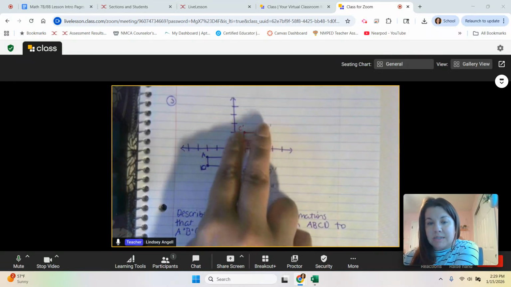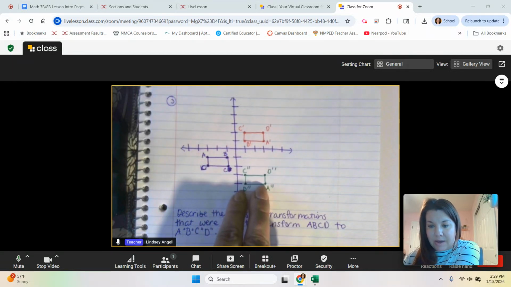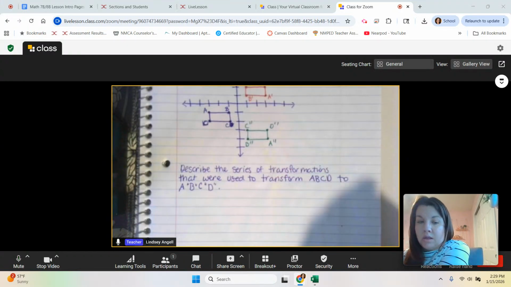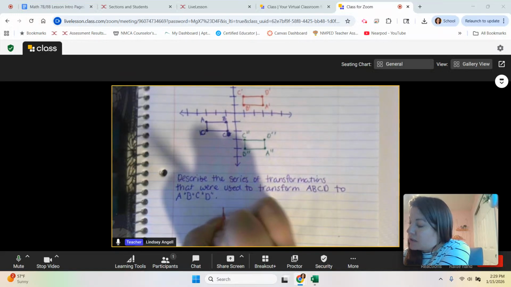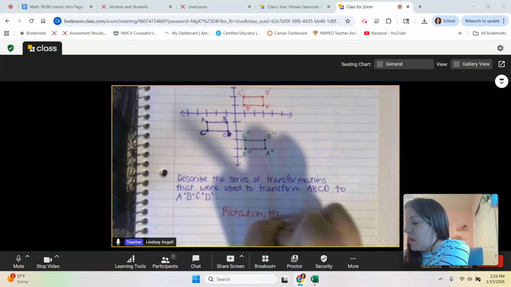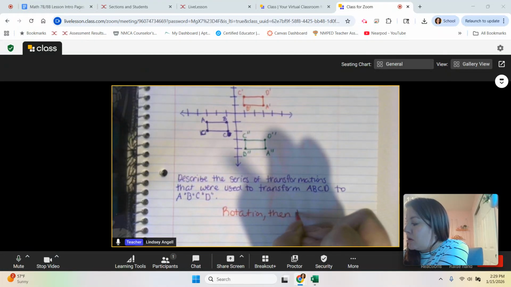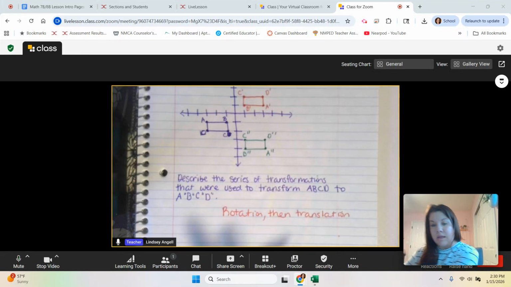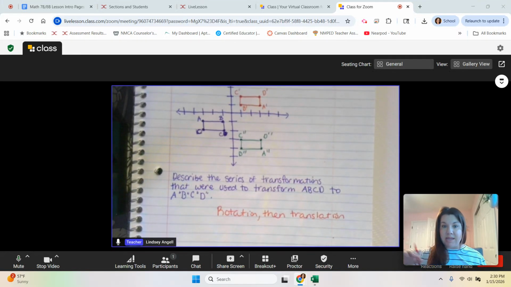So what that tells me was that this just slid down. Okay? So for this one, the answer would be first there was a rotation, then translation, right? So it rotated, so it turned, and then it slid. Okay? So that's important to be able to consider.